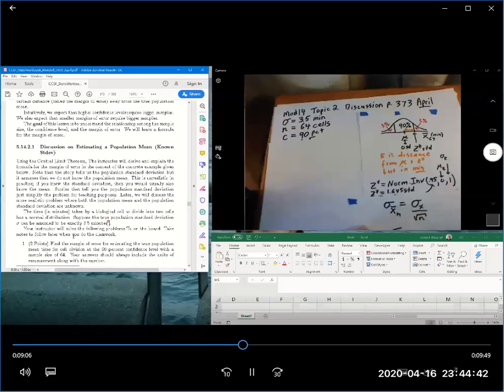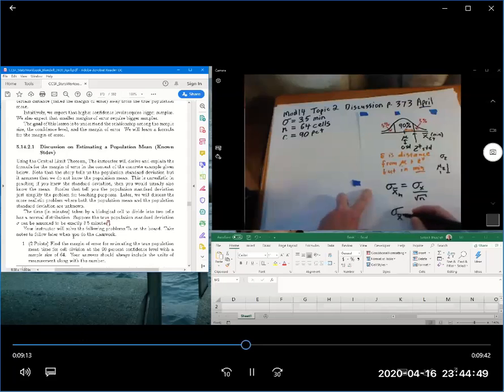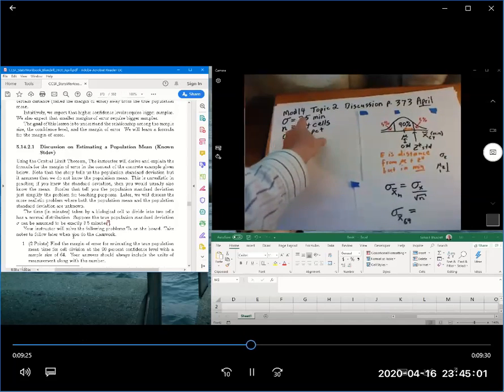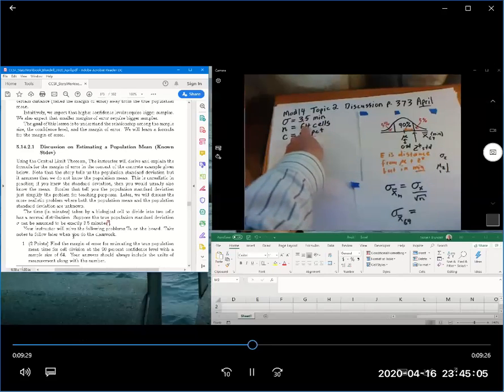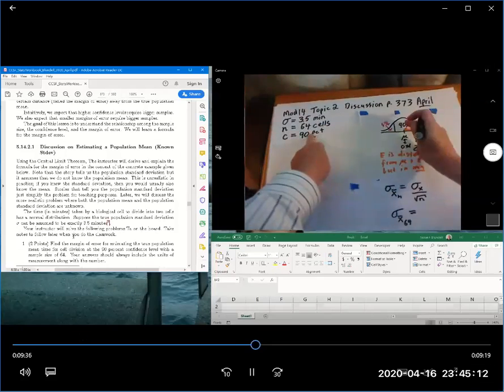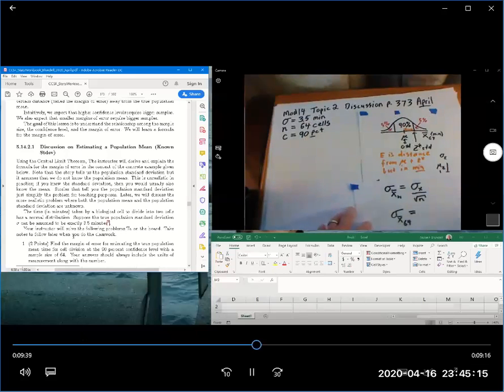So the standard deviation for our distribution here, the standard deviation of x bar, is from the original problem we had. We were given a standard deviation of 3.5 minutes. We were given that the number of cells was 64. And we were given this confidence level, the 90. That's where we got the 90% in the middle.